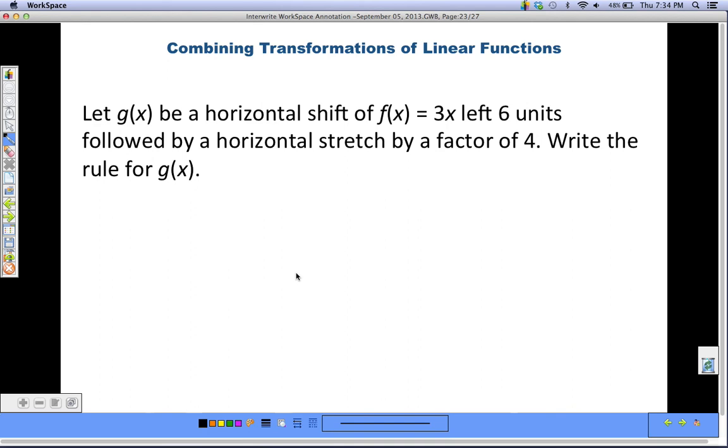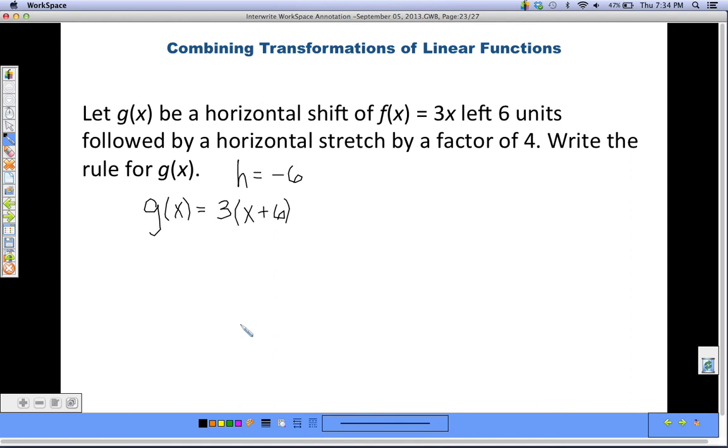Okay, so first thing we're going to do is we're going to shift it left 6 units. So if we're going left 6 units, that is our h, and left means negative 6. So let's first do this. So we have that g of x is going to equal 3, and then remember we said that we do parentheses, x minus 6. Whoops, opposite.